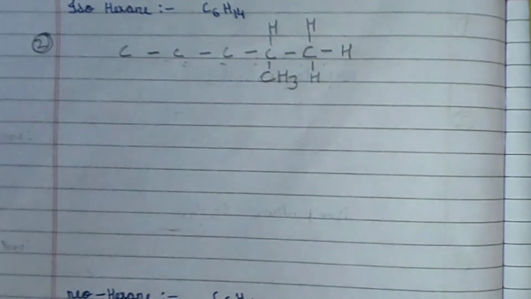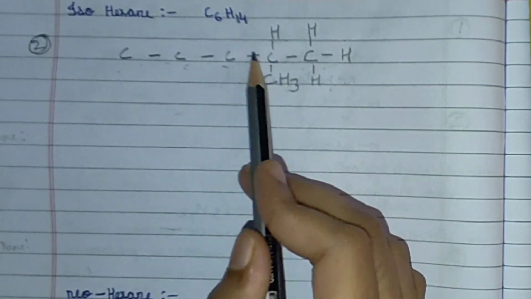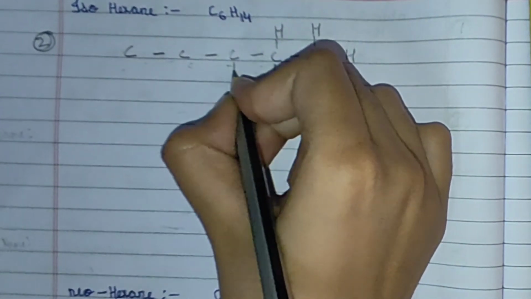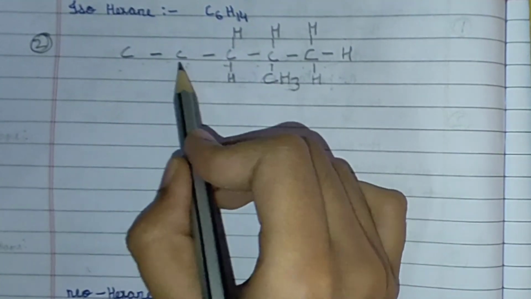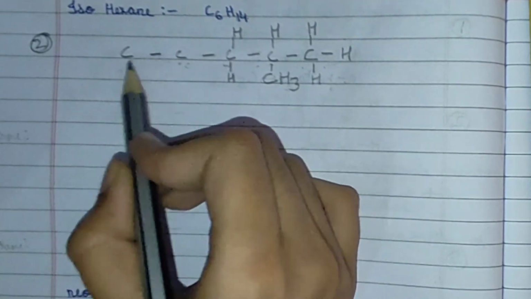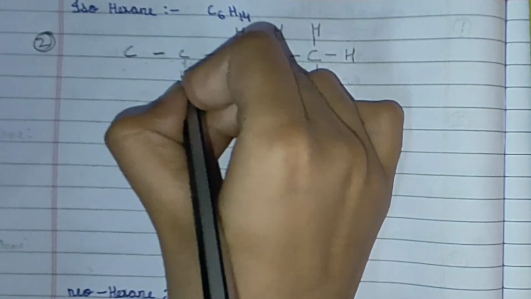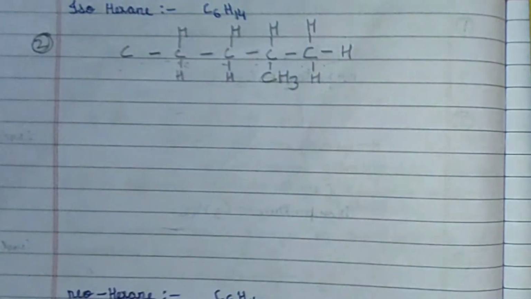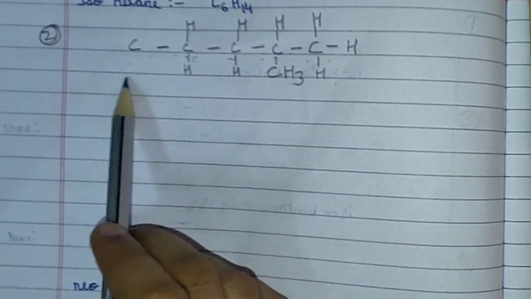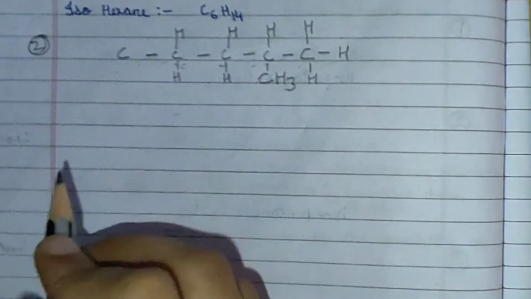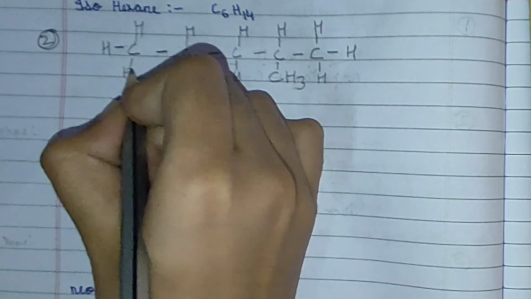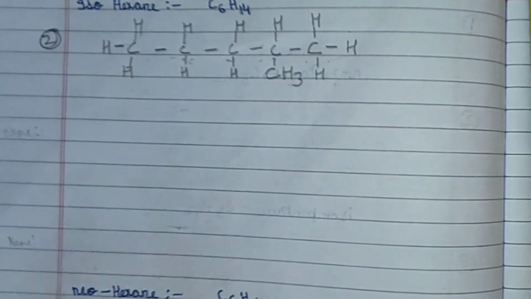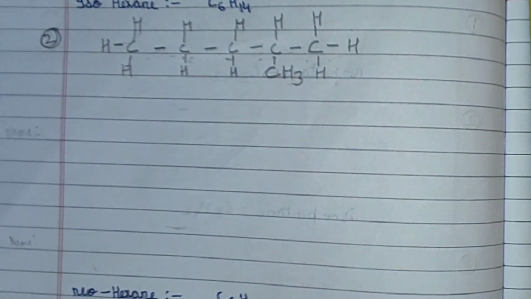Now this one has one bond this side and one bond this side, it needs 2 more. 1 and 2. Done. Now this one has one bond here, one bond here, it needs 2 more. 1, 2. Done. And this one already has one bond here, it needs 3 more. So 1, 2, 3. Done. This is how isohexane of C6H14 is made.